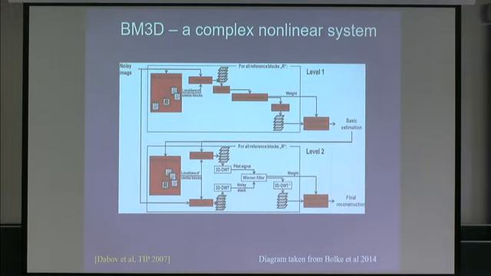But unfortunately, it's just a mix of procedures that you do: grouping, then 3D wavelet thresholding, and then some Wiener filtering, and so on. So it's a complex nonlinear system. No one knows if it has eigenfunctions at all, or what will happen if we do this flow with it and analyze it in a spectral manner.